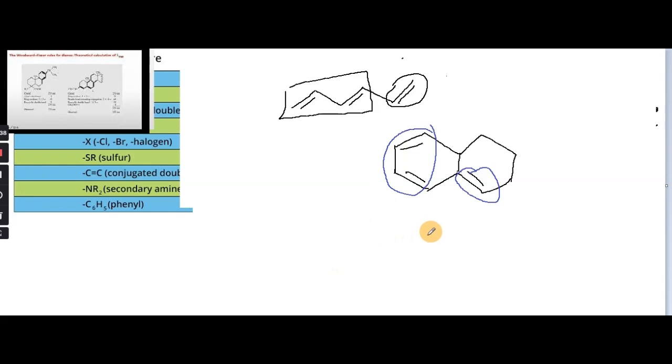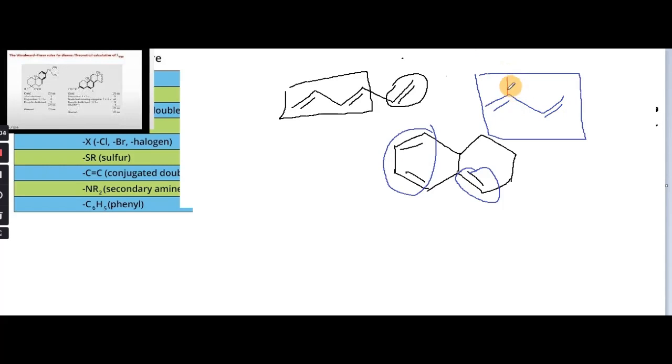The next one is what we call an acyl substituent. When I have a diene like this, and any of the hydrogens in this system is replaced by a carbon group, I will call it an acyl substituent. So let's say if I have this compound, then the hydrogen here is replaced by an acyl group.